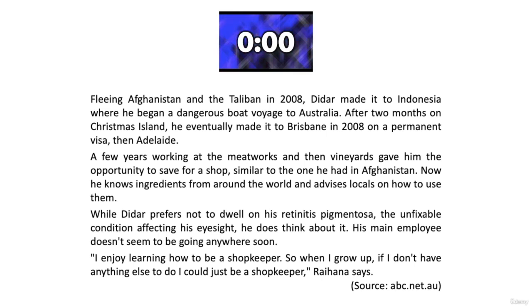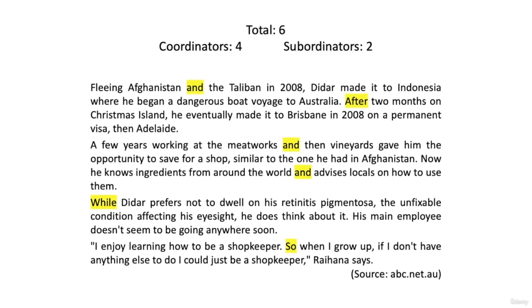Time's up. Let's take a look. In this text, we have a total of 6 conjunctions, 4 coordinators, and, so, and 2 subordinators, after, while.